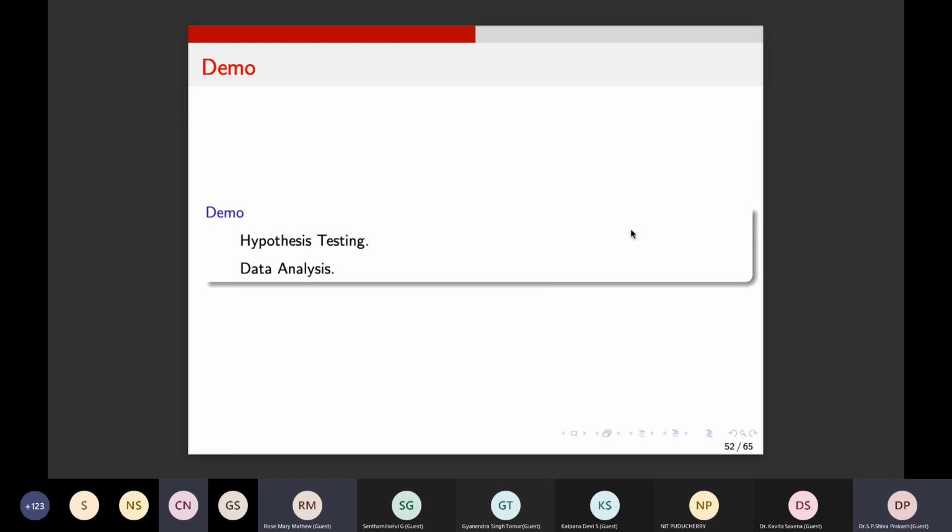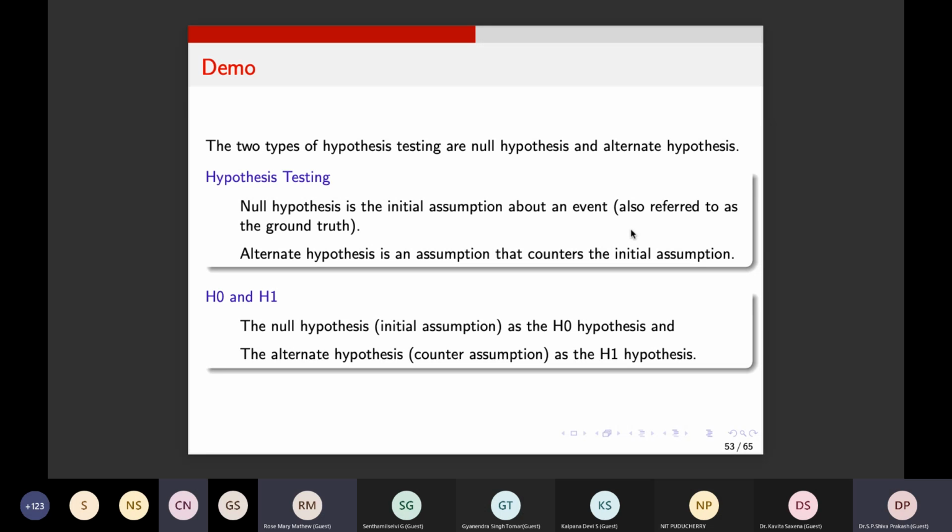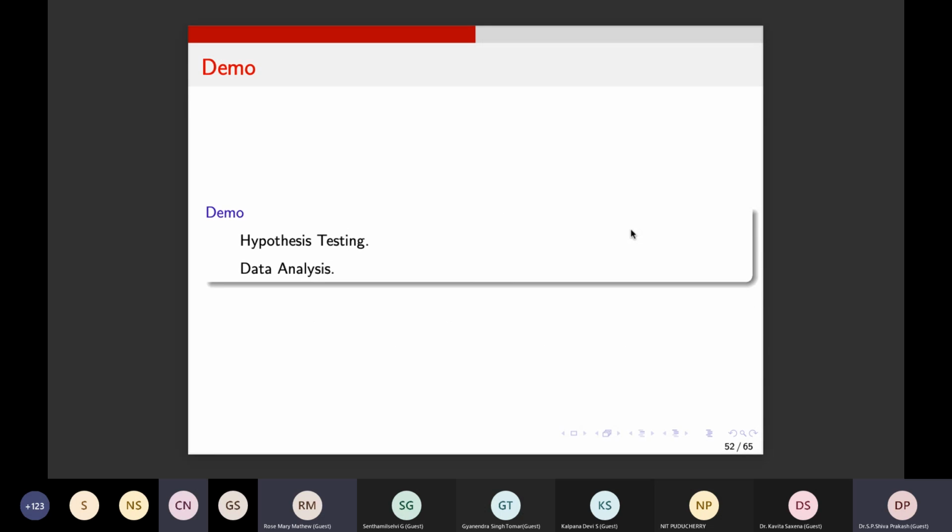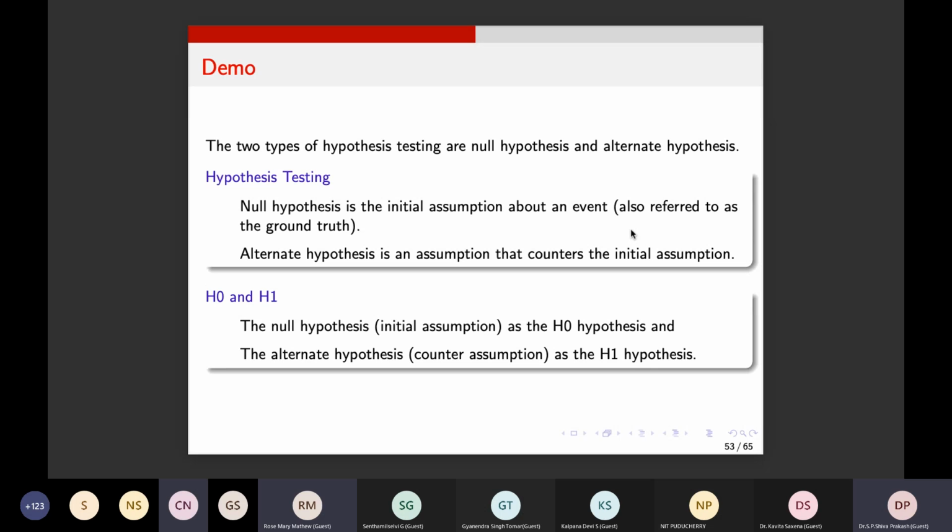So we try to perform certain testing on these data. One best testing is the hypothesis, and then we perform data analysis. Basically, there are two types of hypothesis testing.